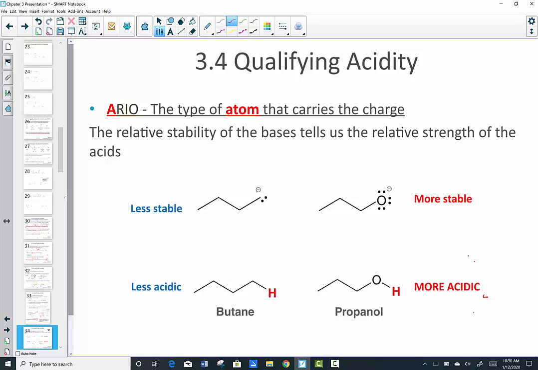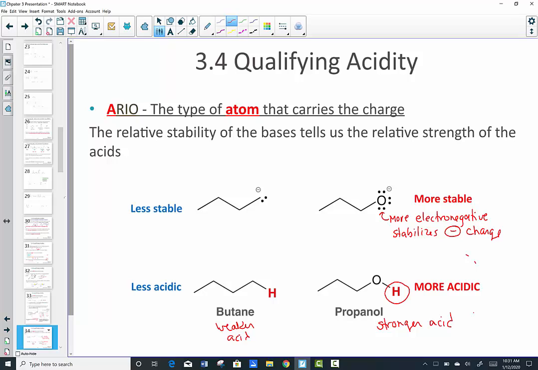Because the oxygen was more electronegative, it was able to stabilize the negative charge, and therefore, when you think back to the original acid, that proton on the alcohol functional group is a stronger acid than the butane, which did not do such a good job of stabilizing the negative charge.